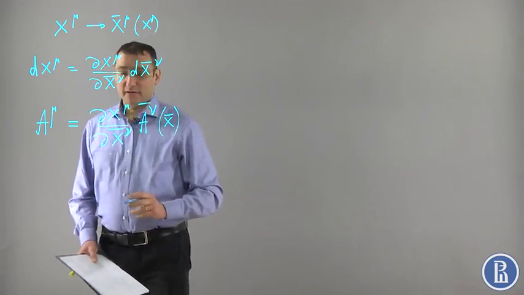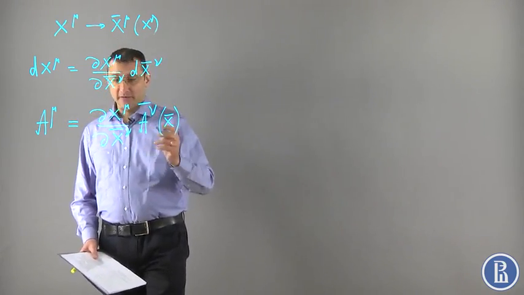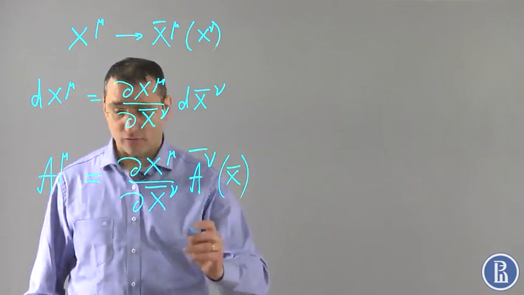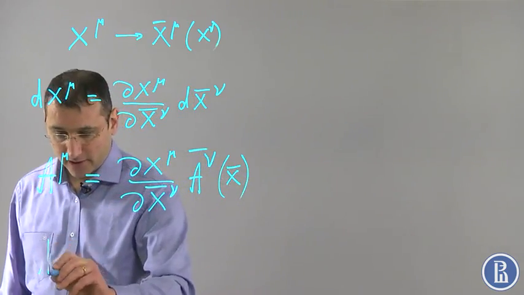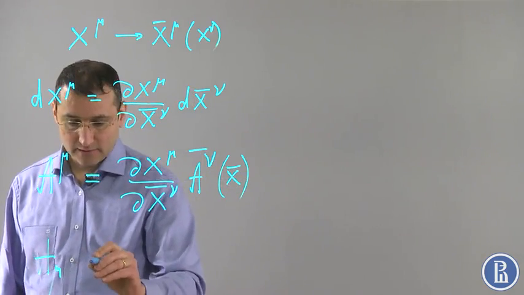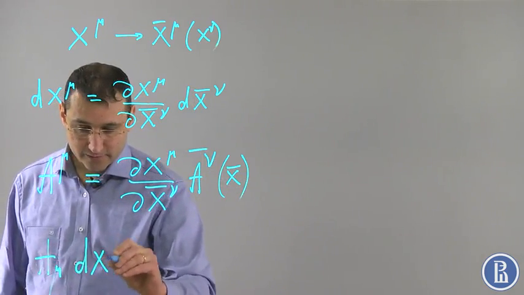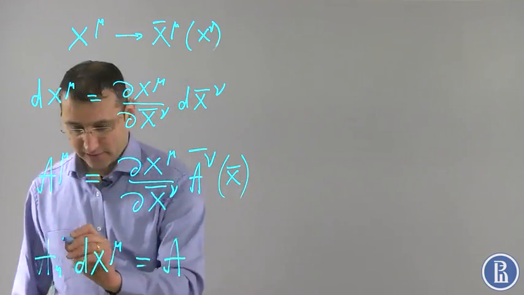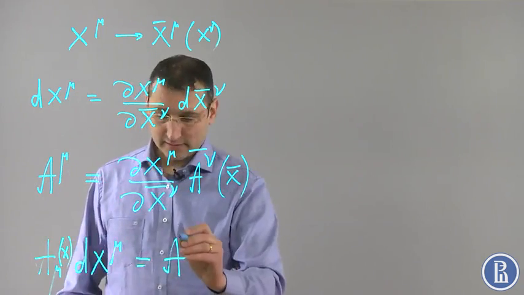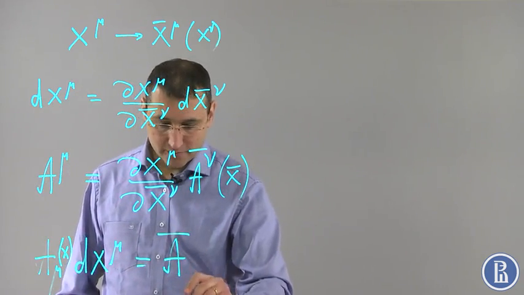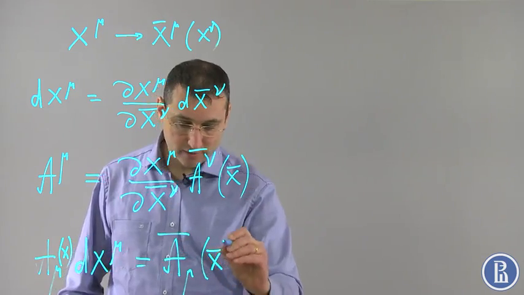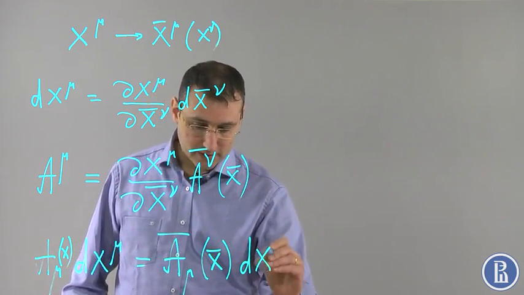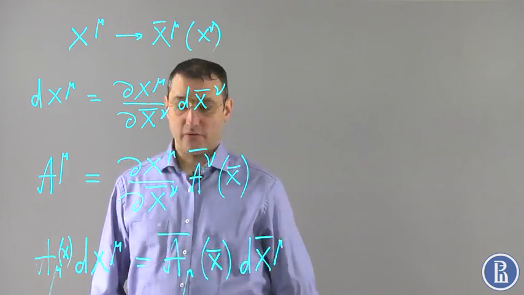A covariant vector is transformed differently. It transforms as a one-form, so it carries a lower index and transforms according to this rule. This A mu is a function of x, and this A bar nu is a function of x bar already, multiplied by dx bar nu over dx mu.